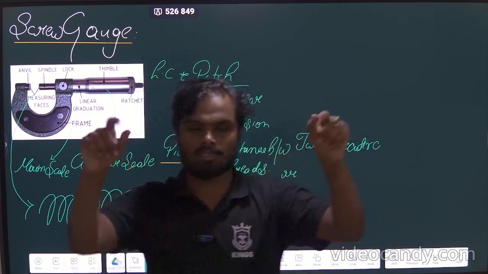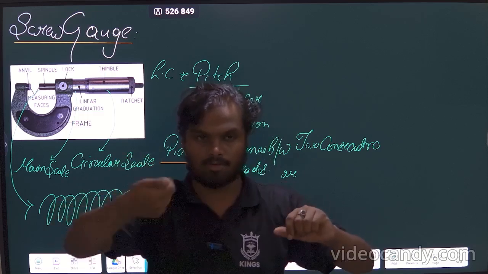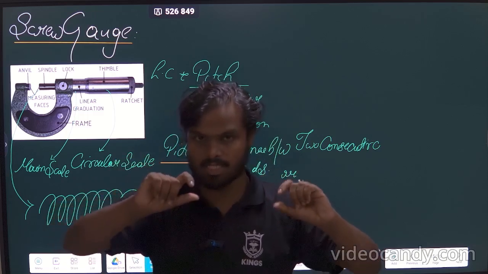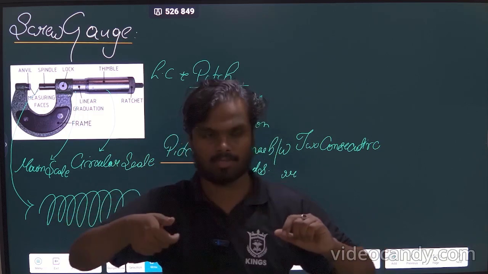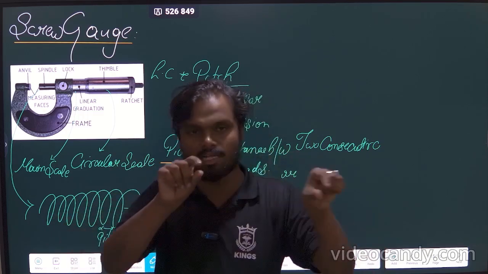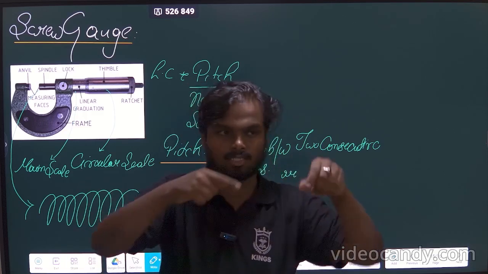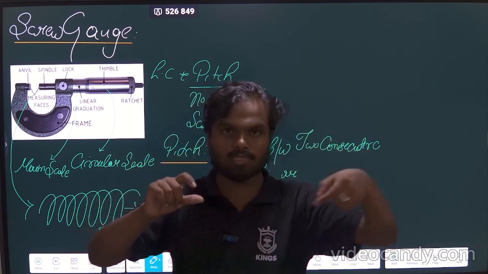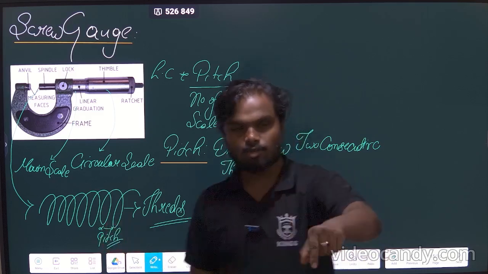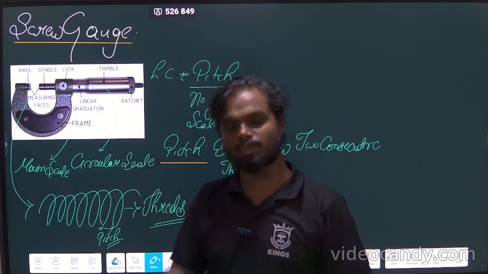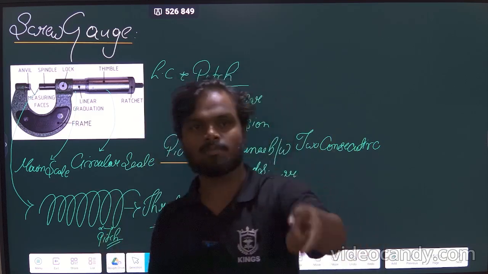Now listen to another definition. This is my thimble. I am rotating my thimble. When I rotate my circular scale by one rotation, that screw or spindle will move some distance. It will get tight; suppose I put some object, it will move some distance. That distance is equal to this distance, and that is also called the pitch. Because the distance moved is equal to this distance, that's why we term it the pitch.